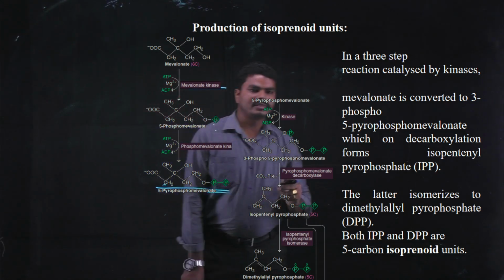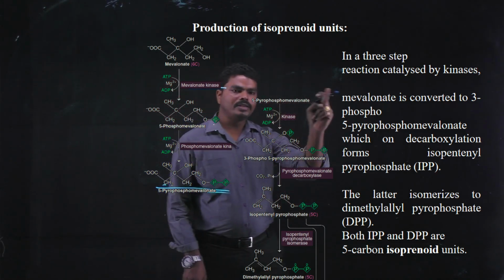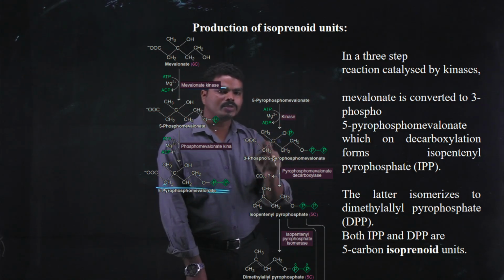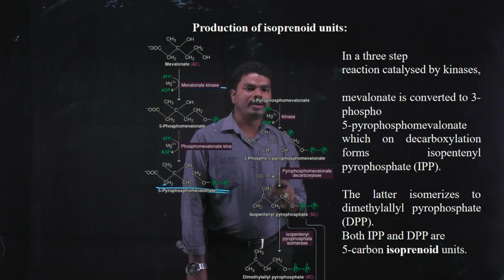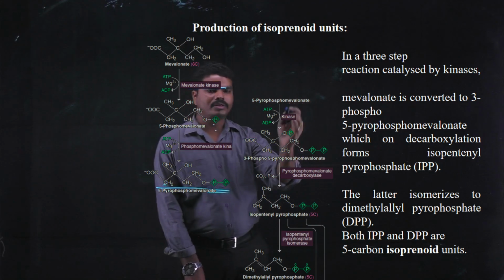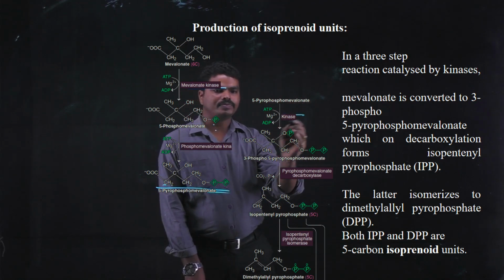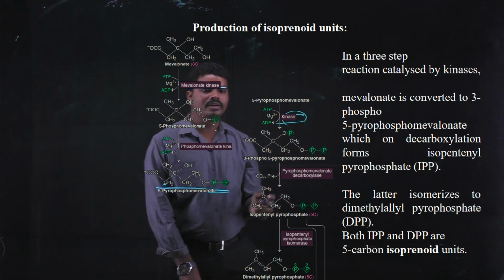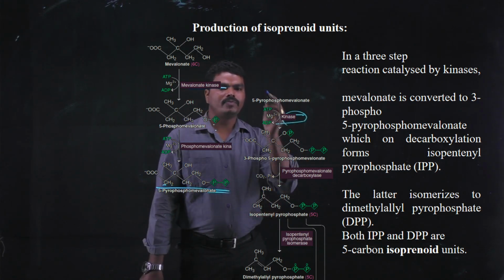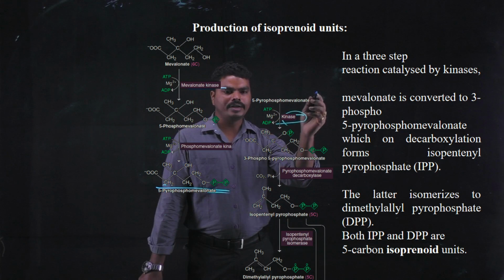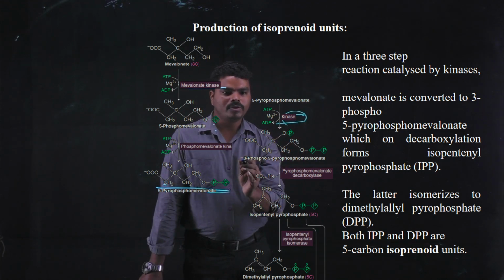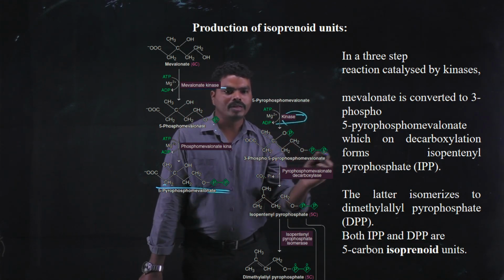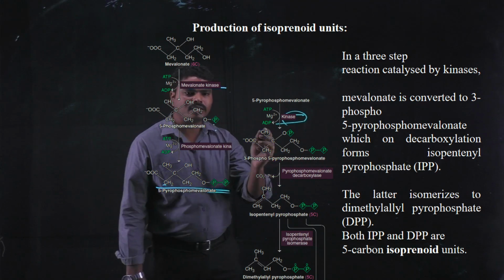Next, the 5-pyrophosphomevalonate is converted to 3-phospho-5-pyrophosphomevalonate. This reaction is catalyzed by a kinase enzyme. This kinase will catalyze the conversion of 5-pyrophosphomevalonate to 3-phospho-5-pyrophosphomevalonate. That means the phosphate group is attached at the third carbon also.